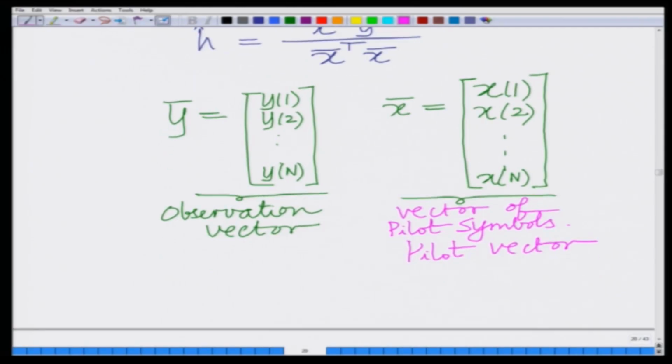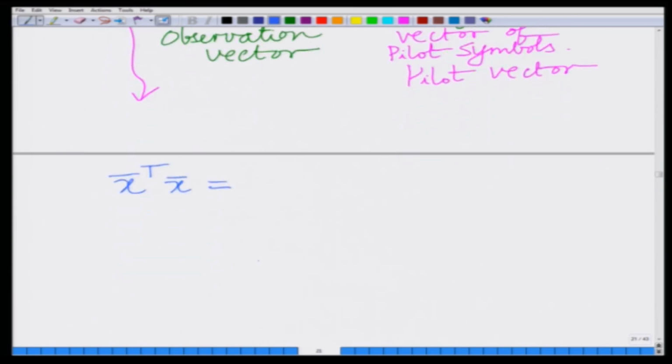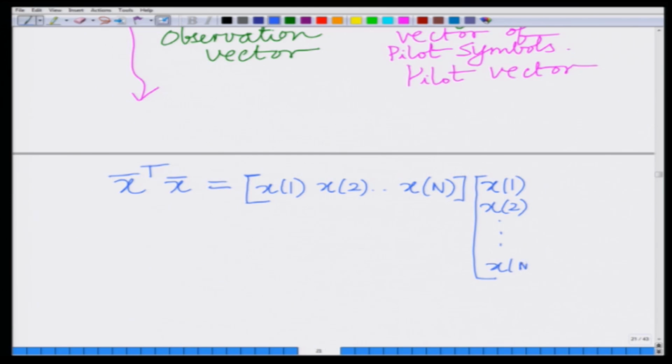And you can see that this can also be written as follows. I think we have already seen this before: if I look at x bar transpose x bar, that is nothing but the row vector x1, x2 up to xn times the column vector x1, x2 up to xn.